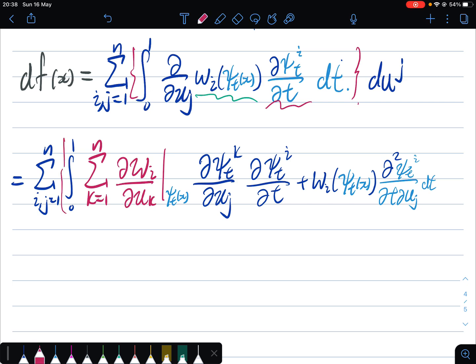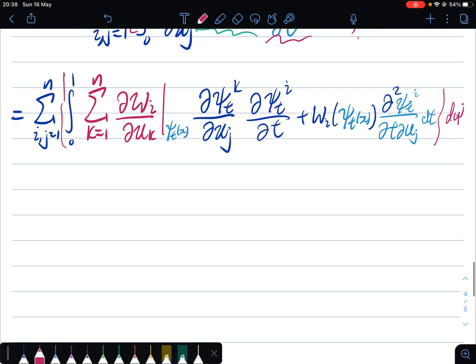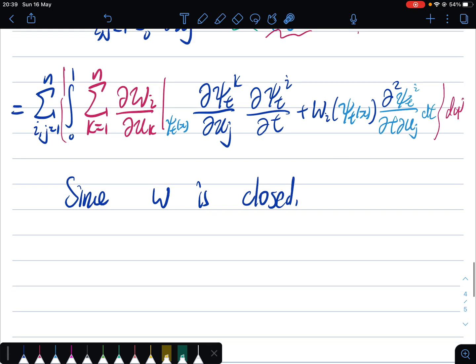And then everything with the duj. Yeah. So since omega is closed, we can interchange the index from the denominator to the numerator.